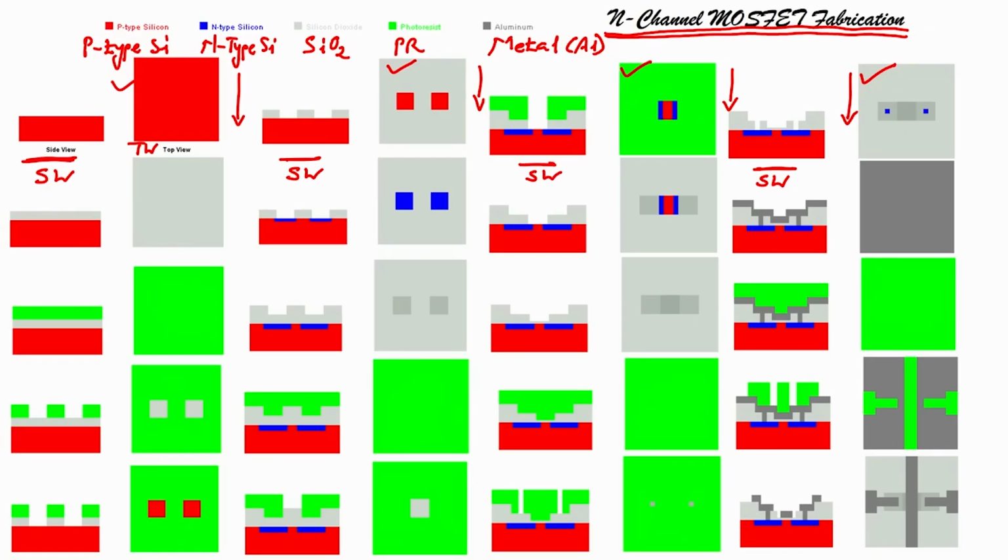So, let us see together what is given here and you will understand the complete process flow. Start one by one, very easy. First step is you are taking a silicon wafer. What kind? Red color, so we have chosen a P type silicon wafer. Next step is we have grown silicon dioxide, the light gray color.